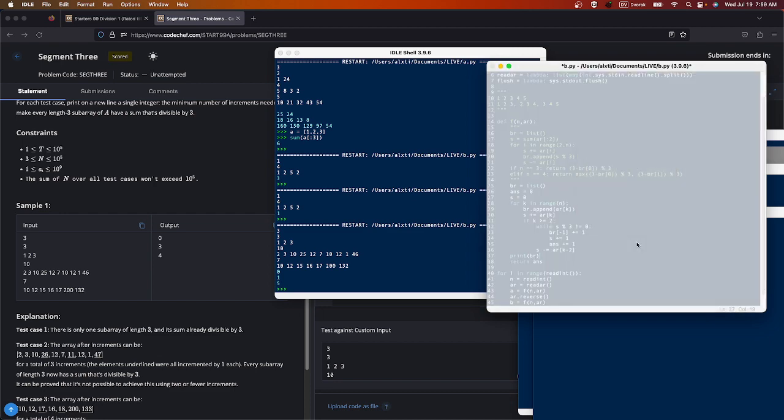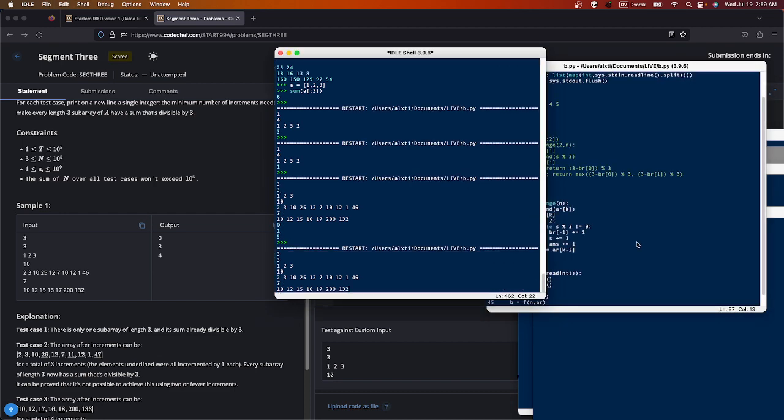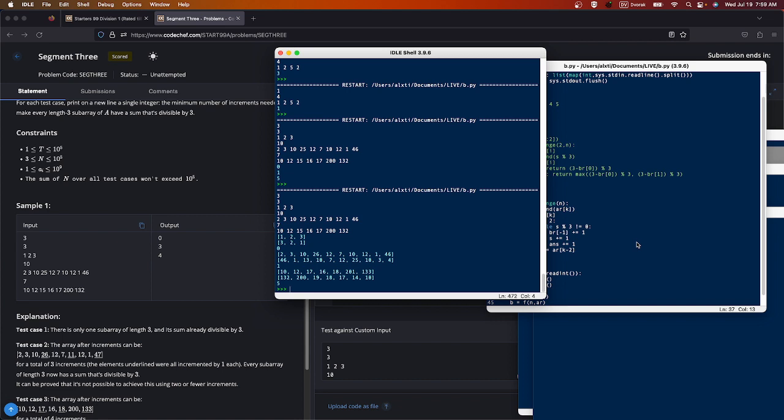Okay, print BR after your... So 1, 2, 3, 3, 2, 1.